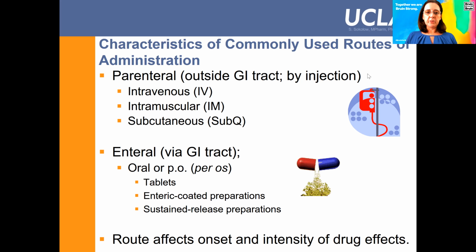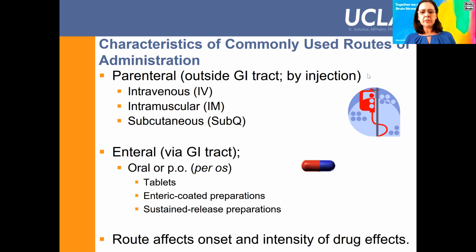The parenteral, for patients who cannot swallow at the time you are seeing them. And then you have the enteral, which is the oral form, via the GI tract. This is the most common form outside the acute care setting, but even in the hospital, you still give a lot of drugs per os, or orally.